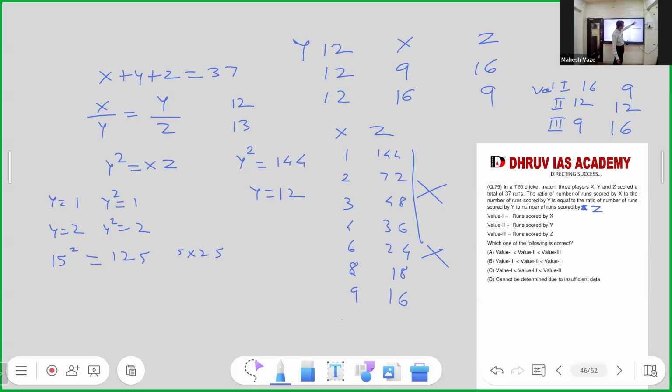But there is no option. We will not be able to determine exactly whether x is 9 or z is 9 and vice versa. So here it cannot be determined due to insufficient data, because we are not able to exactly pinpoint the values of x and z.